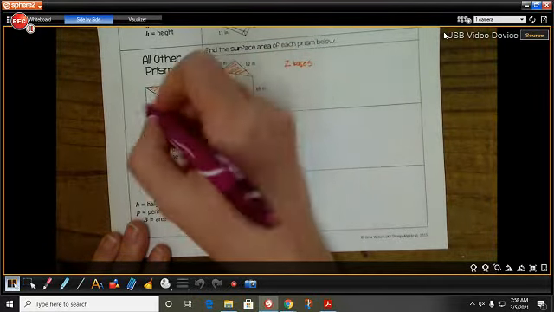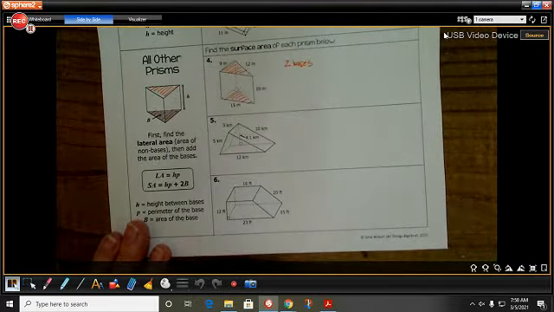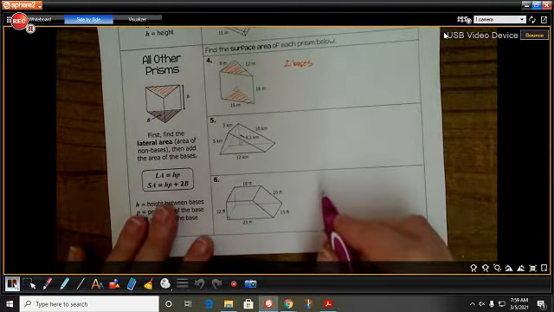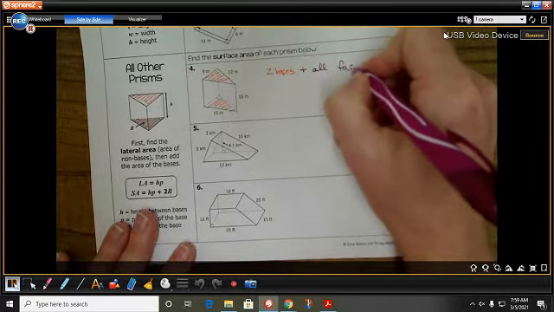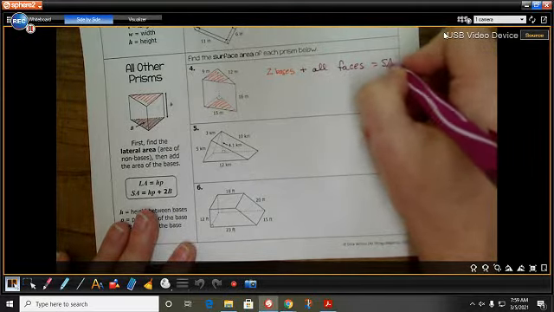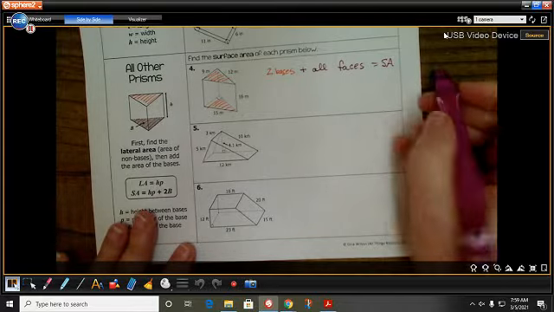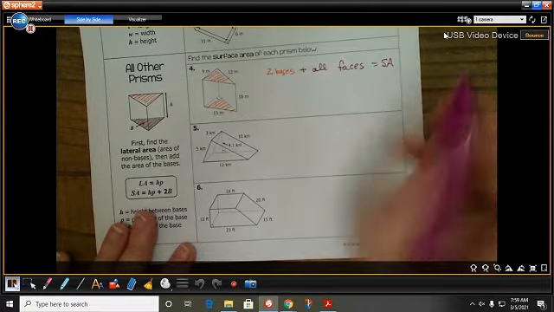But to go around the sides, those rectangles around the sides might be all different sizes. So you're going to have to add all the other faces in, and that will give you your total surface area. You can do that individually if you choose.